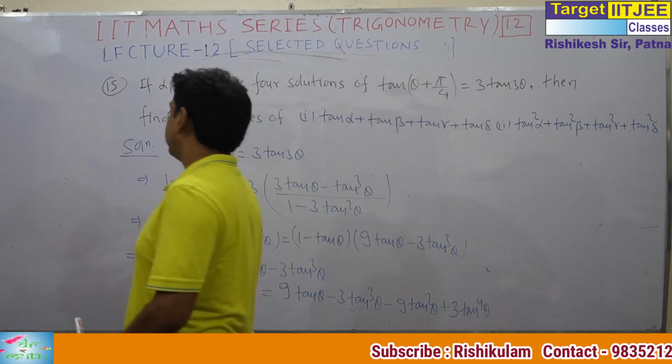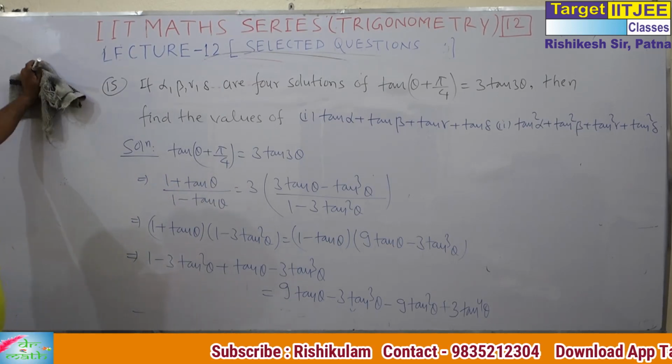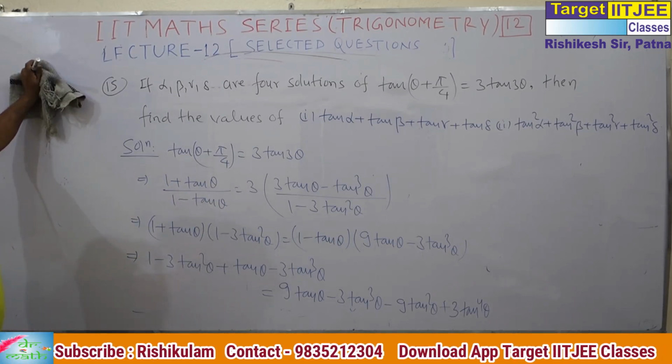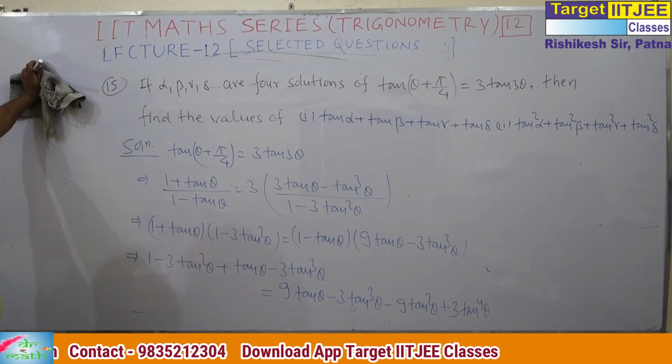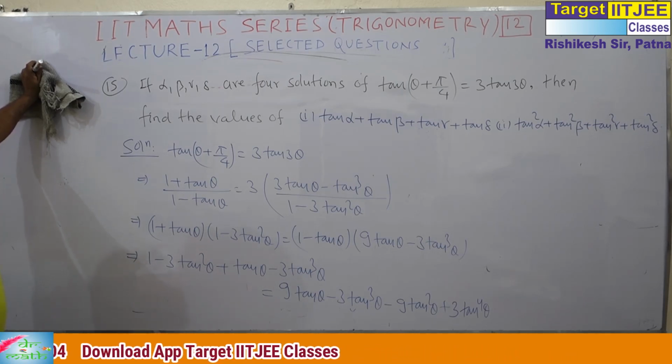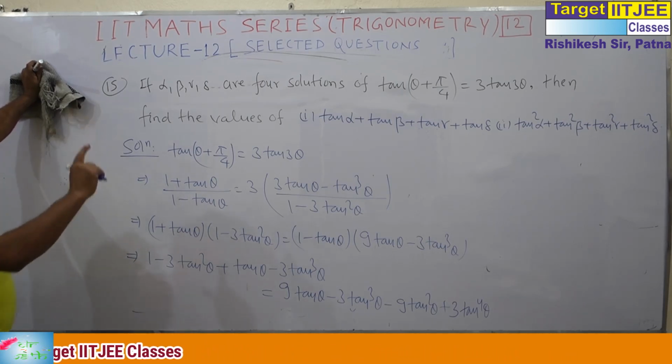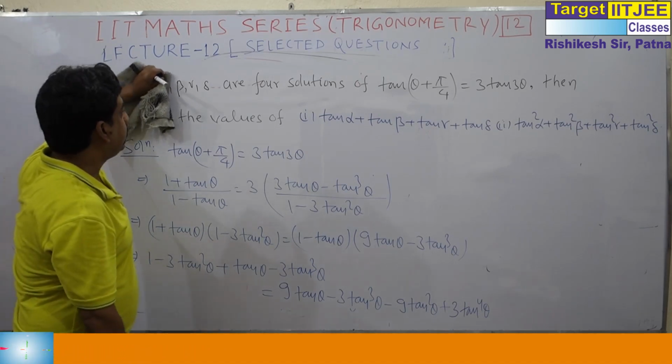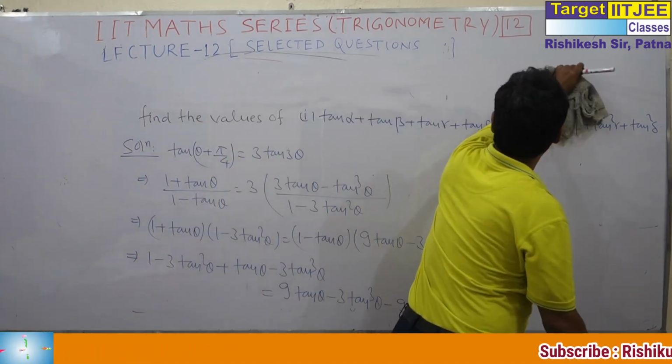And from here we make a biquadratic equation in tan theta, and its roots are alpha, beta, gamma, delta.